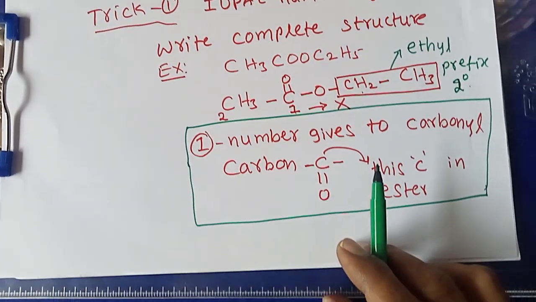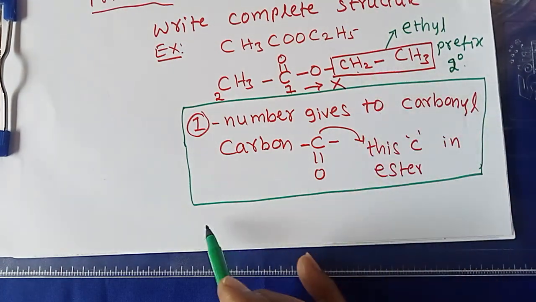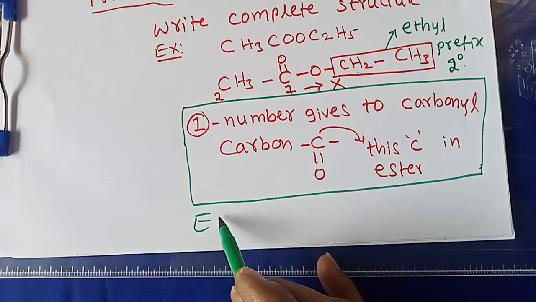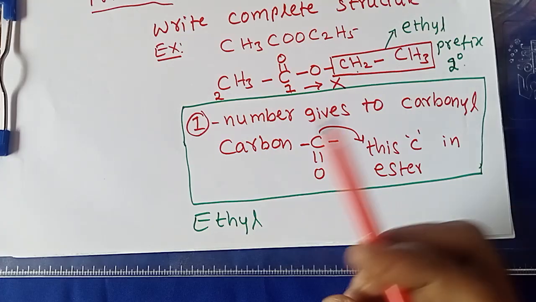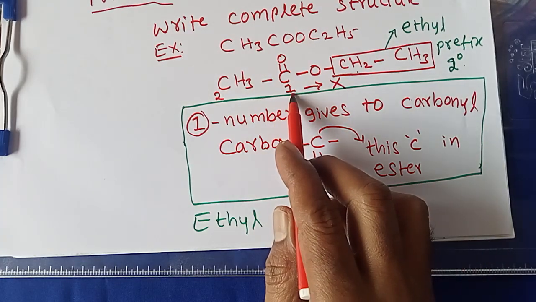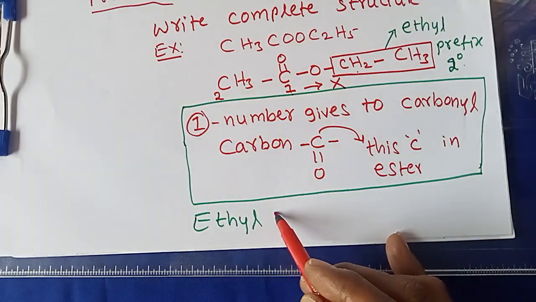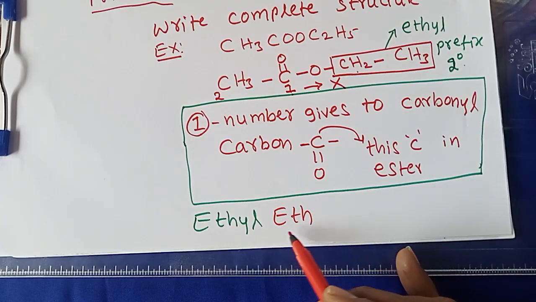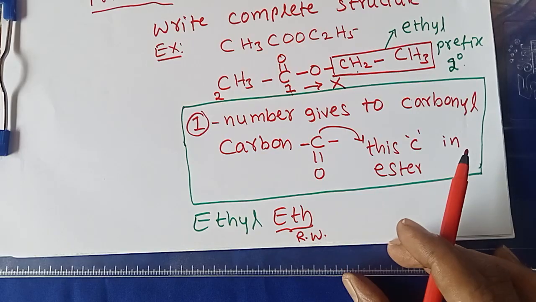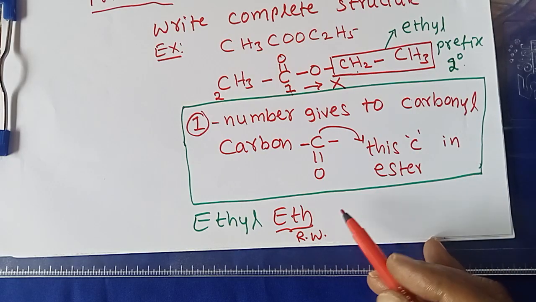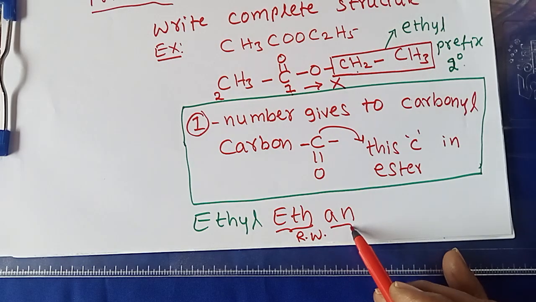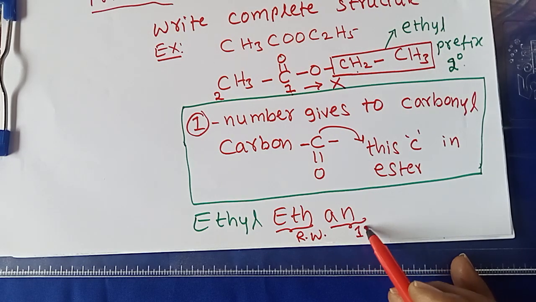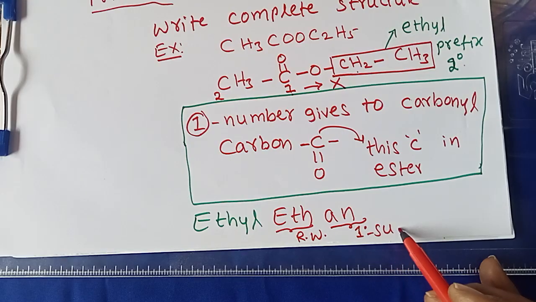So what is this ester name? First you write down ethyl. Prefix is over. Next, the root word: 2 carbons, we know that is ETH. RW means root word. Next, the primary suffix AN.